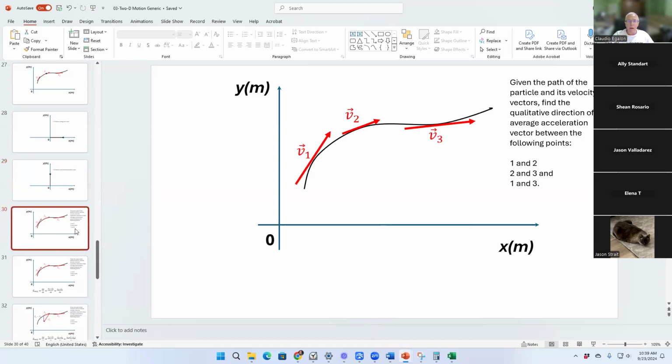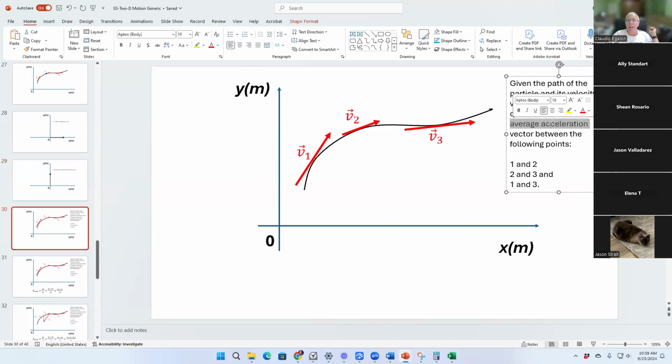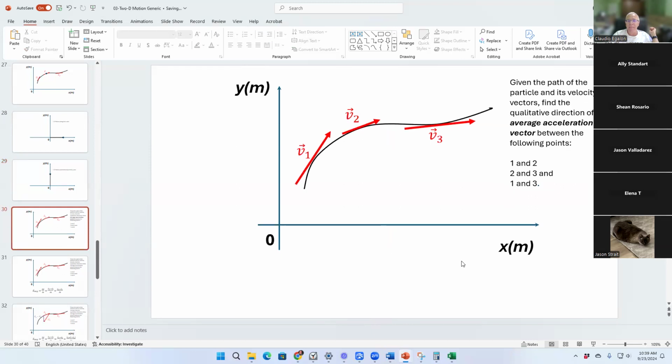Now suppose that you are given this path and those vectors. Those vectors should be given to you for you to solve the problem. Now tell me what would be the average acceleration vector between the following points. Try to do that yourself.